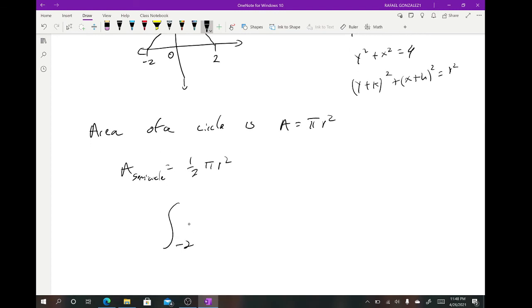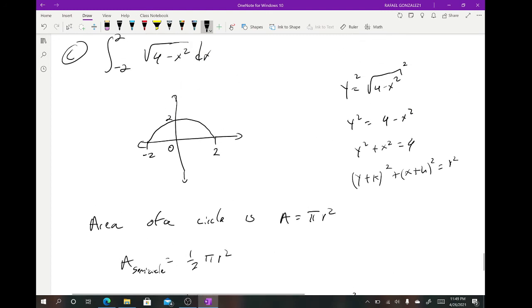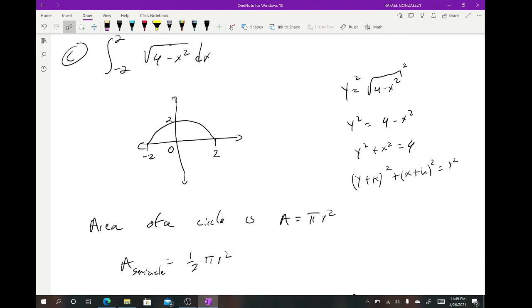So we could calculate that the definite integral of the square root of 4 minus x squared dx is simply equal to 1/2 pi, and the radius we know is 2, squared. Well, this is the same thing as 4 pi over 2, which is the same thing as 2 pi. So we get that the area of the top part of the semicircle is 2 pi.